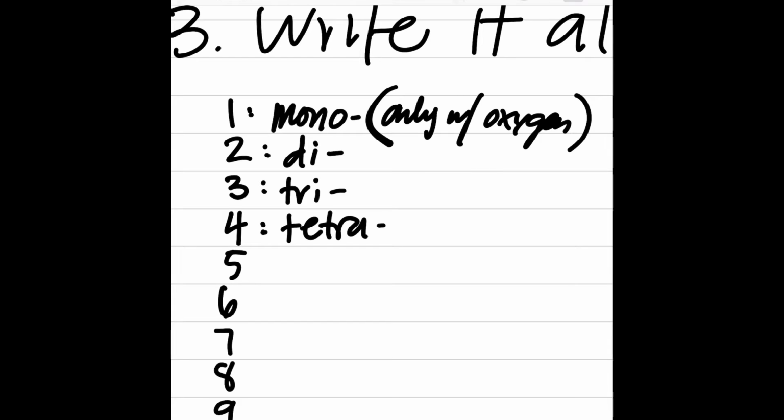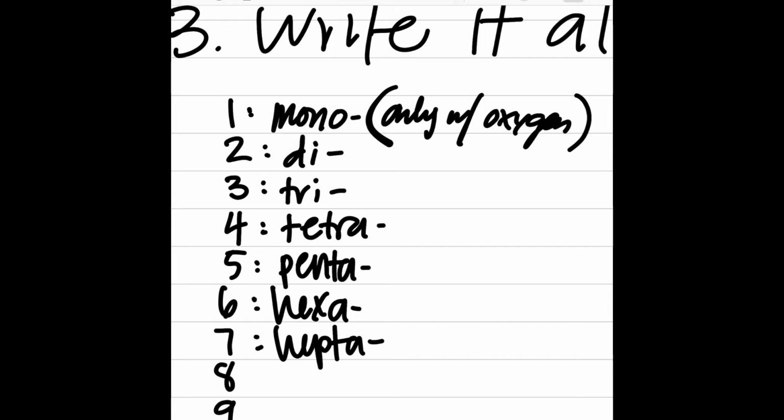You are going to need them. Okay, write them down somewhere. If you need to write them down in your periodic table, do it, so you don't have to keep going back and forth to your notes. 5 is penta. 6 is hexa. 7 is hepta. 8 is octa. 9 is nona. 10 is deca.